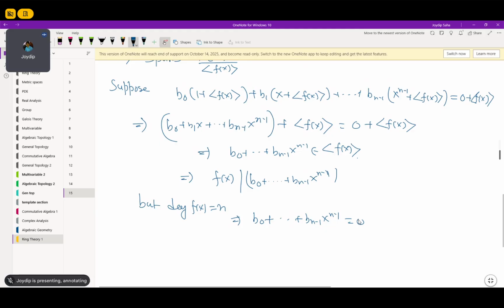So it is 0 by the definition of the zero polynomial. So S is linearly independent. Okay. Any question?